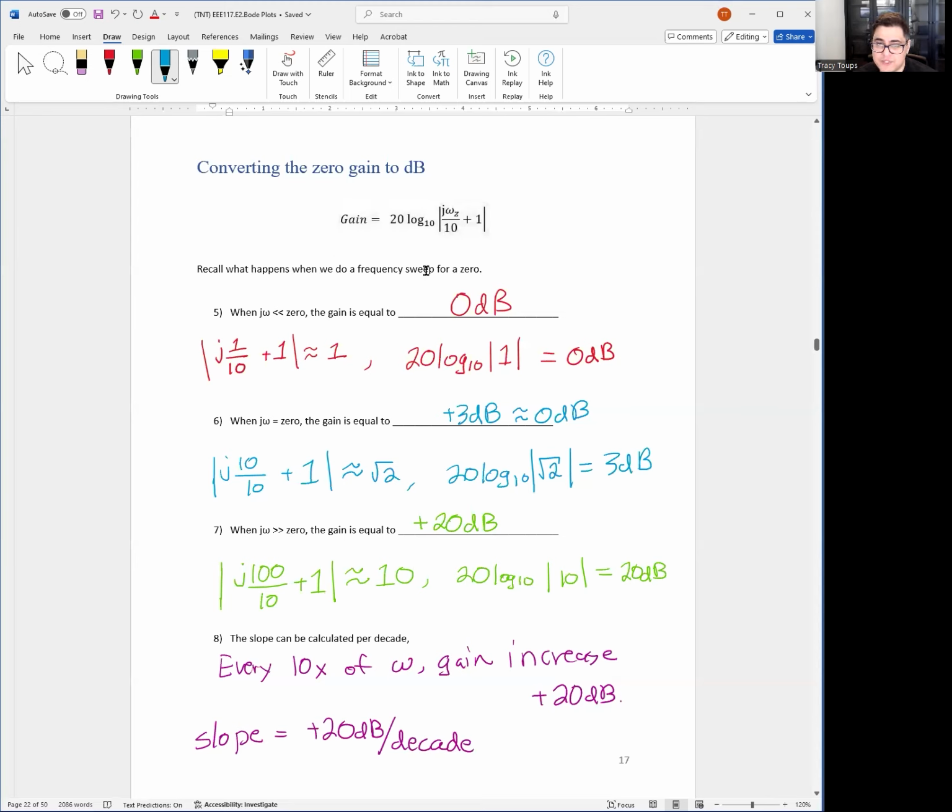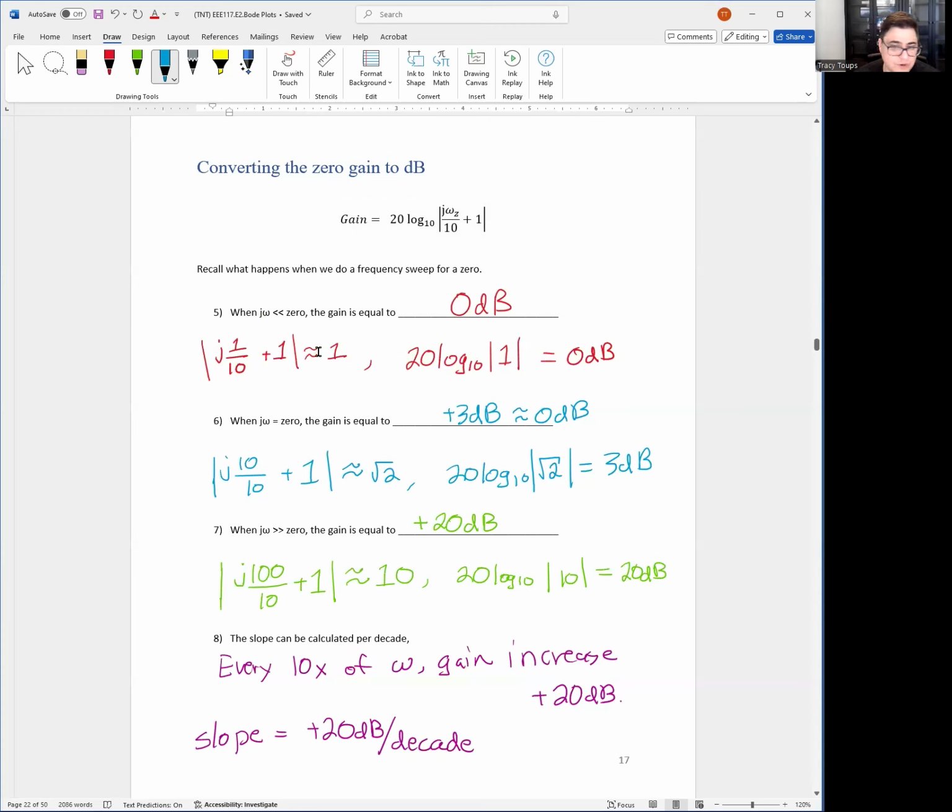So again, we can do a frequency sweep. We go from a lower frequency where JW is less than the zero point. We know the zero point is 10, so we could say omega is equal to 1. Plug in omega of 1, so we get J1 over 10 plus 1.